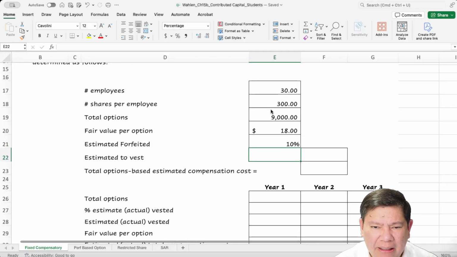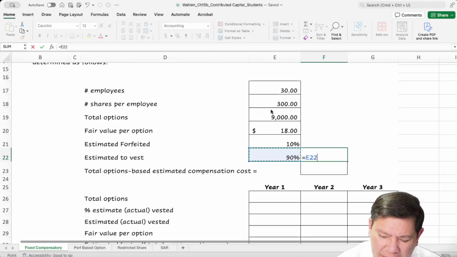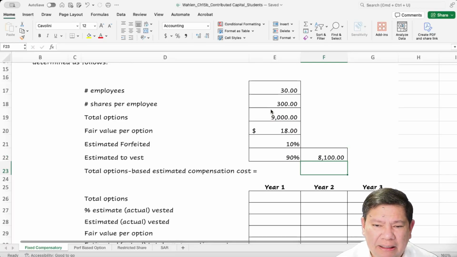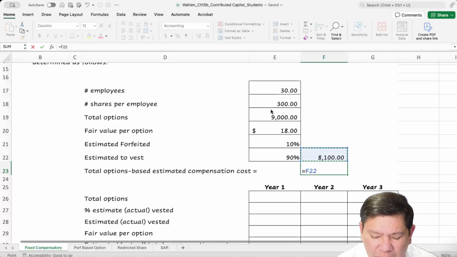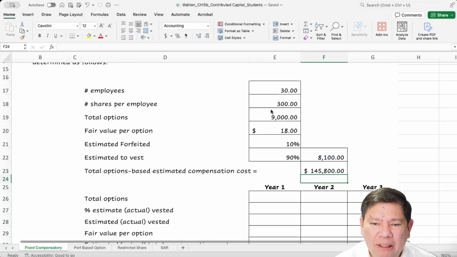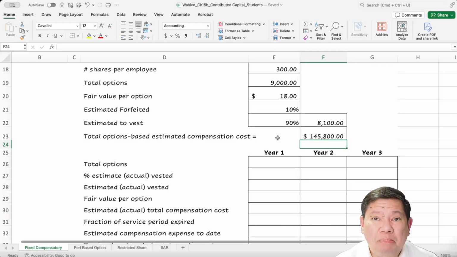So estimated to vest is 90%, 1 minus 10%. So if we multiply 90% times 9,000 shares, it's going to be about 8,100 shares. And therefore, the total cost will be about 8,100 times $18 each, so 145,800. That's the total estimated compensation cost.